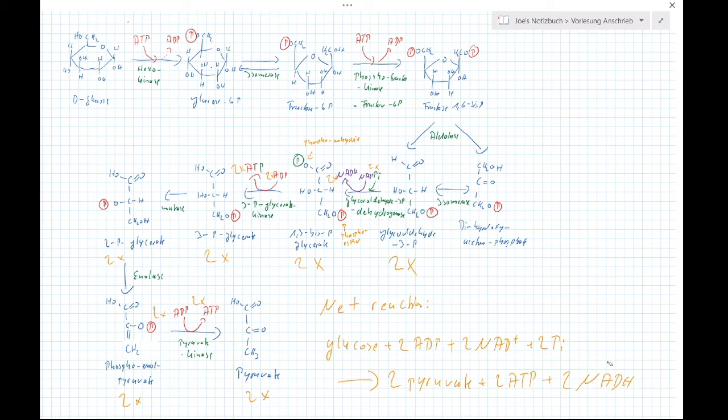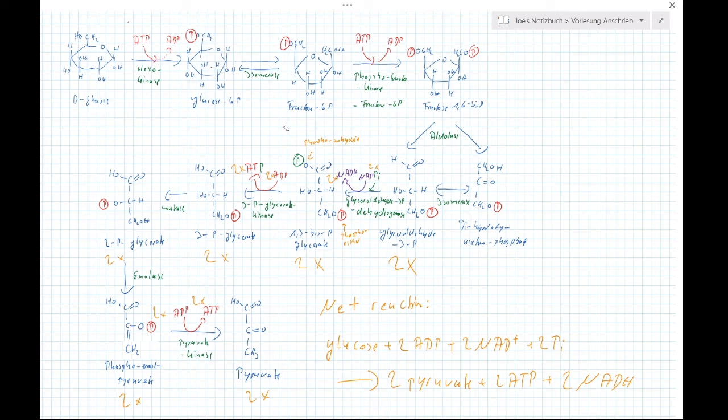However, the energy which is produced by the oxidation is conserved at the same time by coupling this energy to the phosphate addition. So at the end, what you do here, you partially burn your glucose. But you burn it in a way that you have defined conditions, and that you can conserve the energy from this oxidation via transfer, via production of ATP.